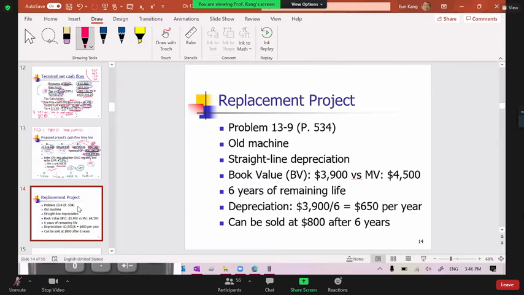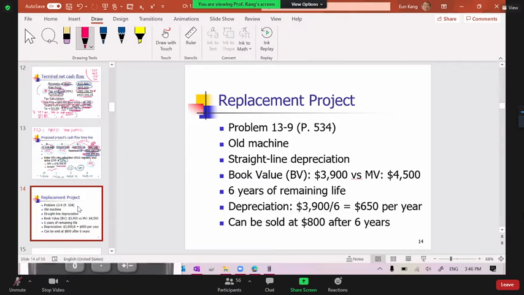This steamer falls into the MACRS 5-year class. Five-year, 3-year, all depends on the nature of the equipment. So the applicable depreciation rates are 20%, 32%, 19.2%, 11.52%, 11.52%, and 5.76%.